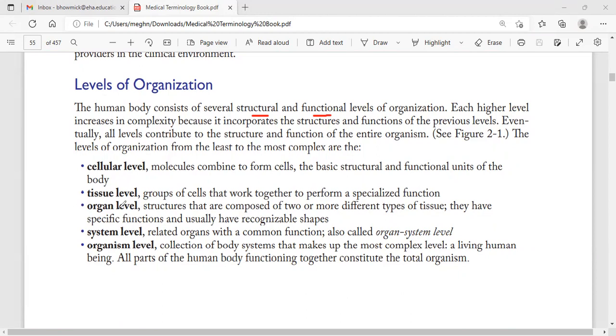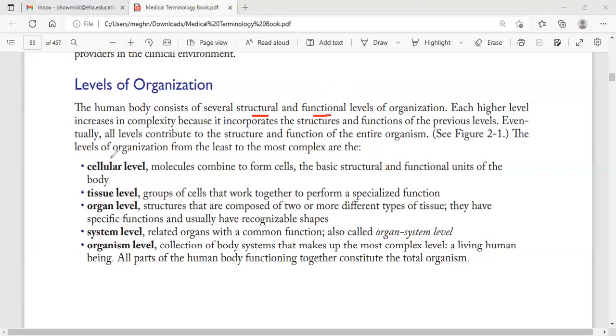And an organ coordinates with other organs and makes a system. So cell, tissue, organ, even system, they combine together for a particular function. So I said an organ does a function. Structure is basically anatomy, and function is basically physiology, how body cells work.